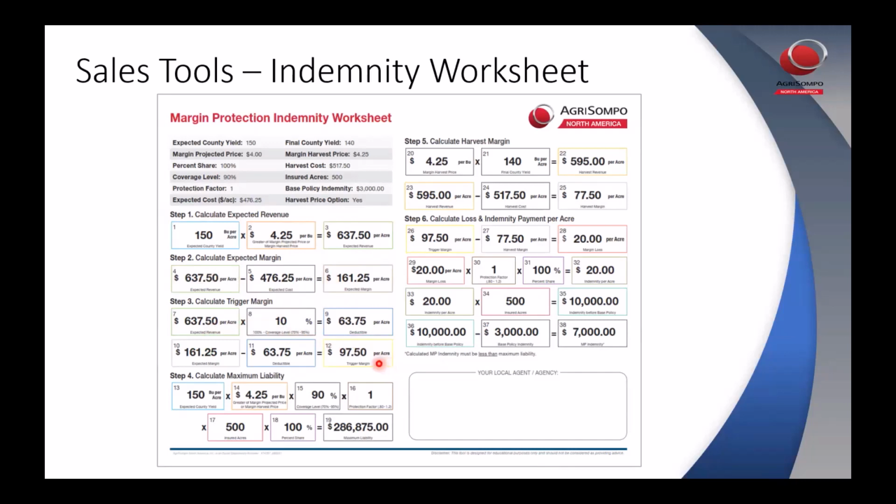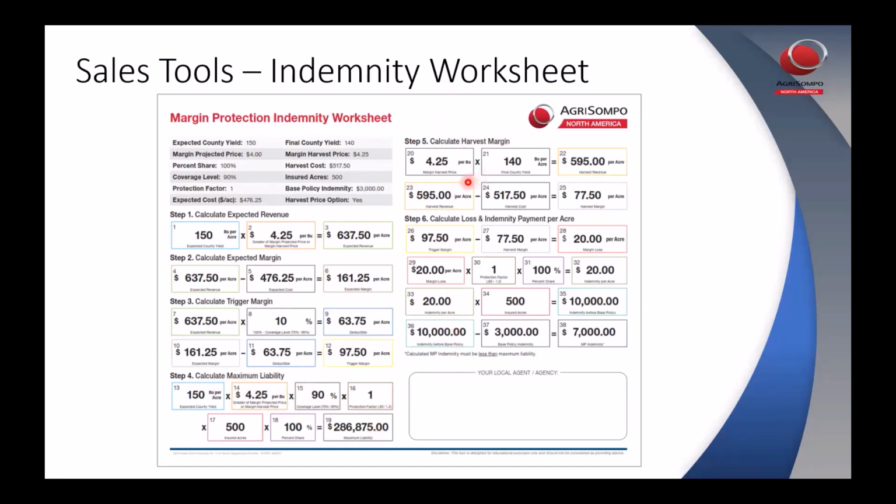Now, one of the things we have in there in the calculations for liability is the protection factor. Now, keep in mind, the protection factor can go as high as 120%, but that's also going to increase your liability. So it's not just an increase of the loss payment, it also increases your liability, which will impact the premium calculation as well. So you get your maximum liability established, and then we're going to calculate the harvest margin.